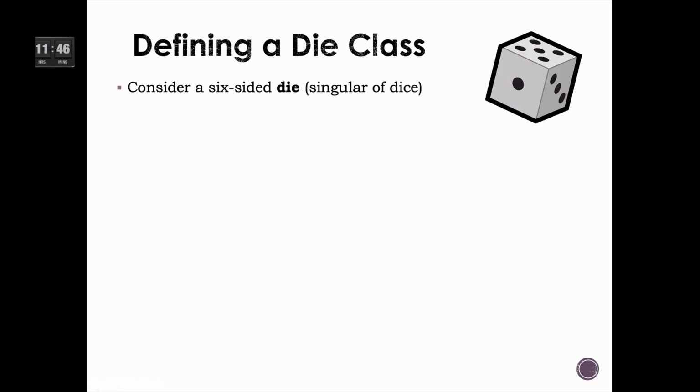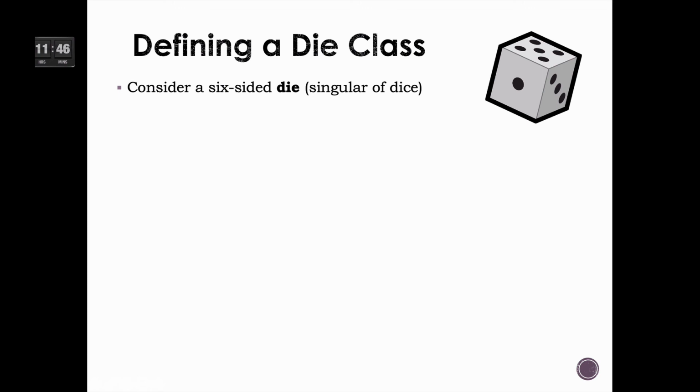Let's define another class similar to that. We call it a die. Now, a die has 6 different sides, not 2 as a coin has. So we would need to have ways of representing this value that would be the face that the die is showing.